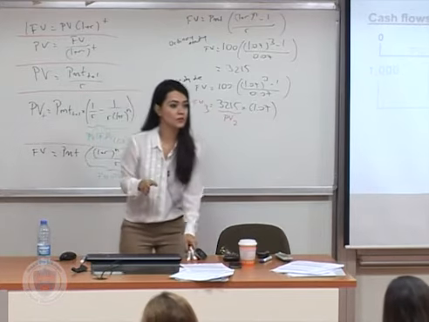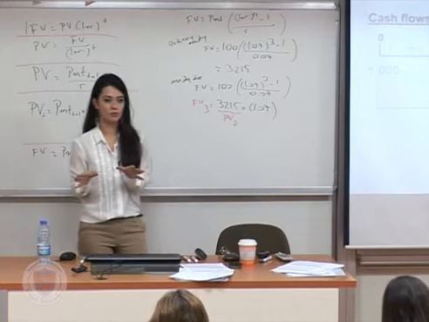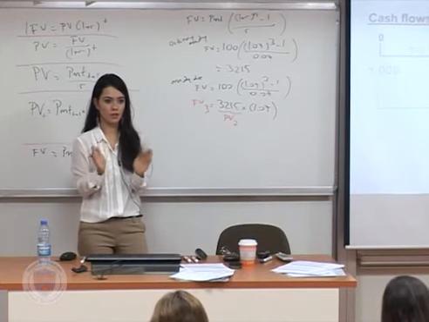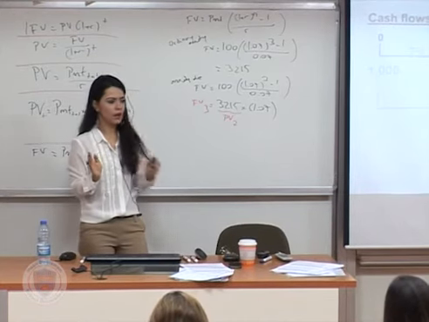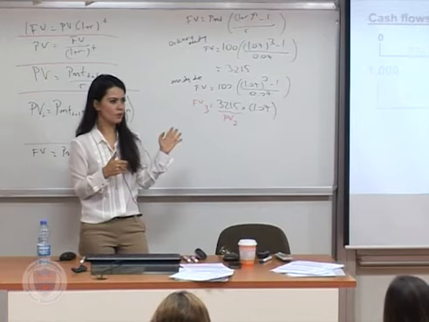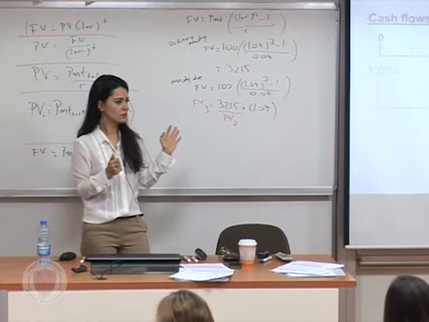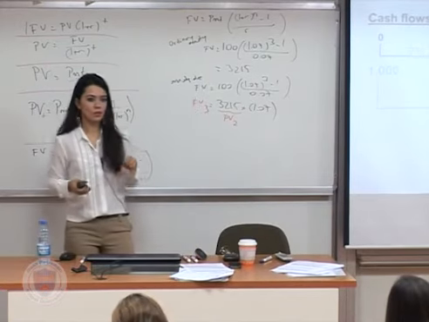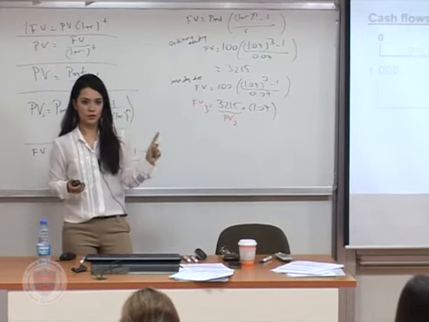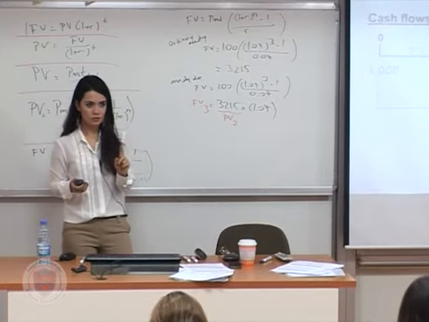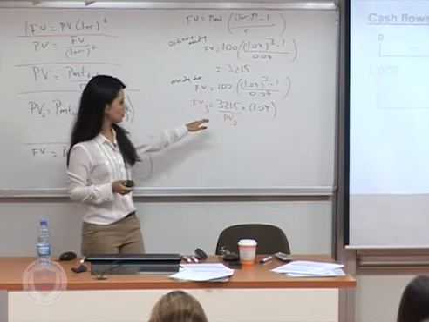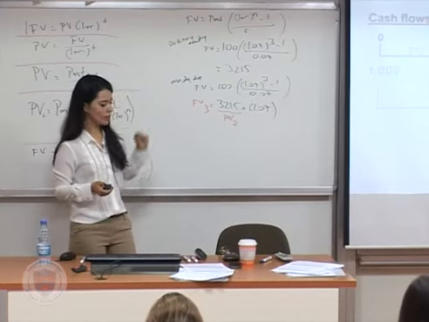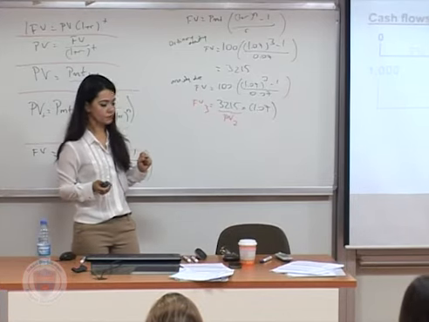So this is the difference between ordinary annuity and annuity due. You have to be careful about the timing of everything. And this was a 5-point exam question previously. In one of the exams, I asked this question. So be careful about the difference between ordinary annuity and annuity due. In the annuity due, you have to make an adjustment in the end.